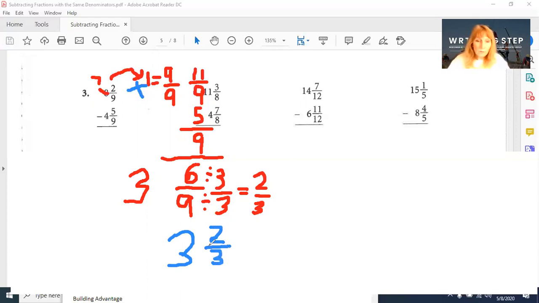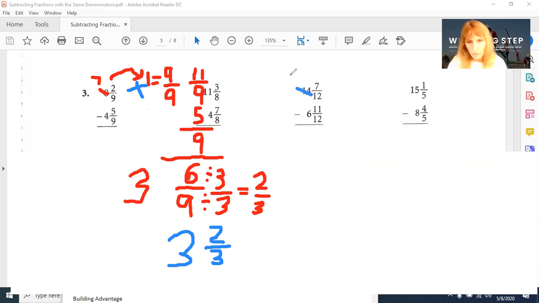So that's borrowing with fractions. I think we'll do one more that way. Let's try this one right here. 14 and 7/12 minus 6 and 11/12. Well, okay. I know that I cannot take 11 from 7 because 11 is more than 7. So I have to borrow.